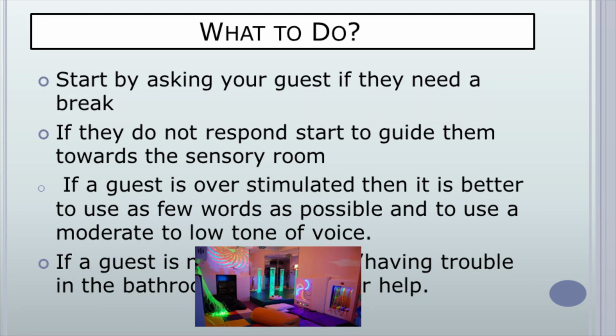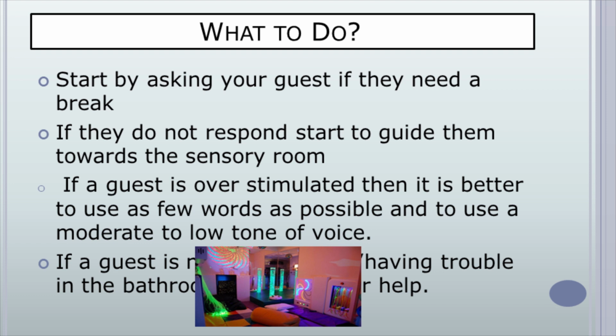So we already went over these, but we're going to talk about, again, what to do. So you can start by asking your guest if they need a break. If they don't respond, start to guide them towards the sensory room. If a guest is overstimulated, it's better to use as few words as possible, and to use a moderate to low tone of voice. So my voice is pretty loud.